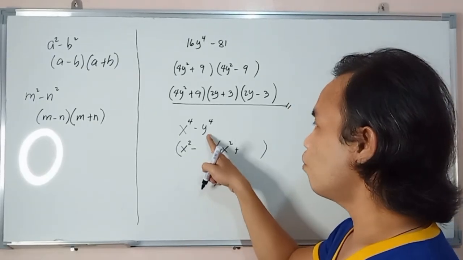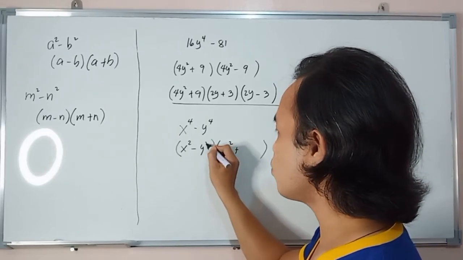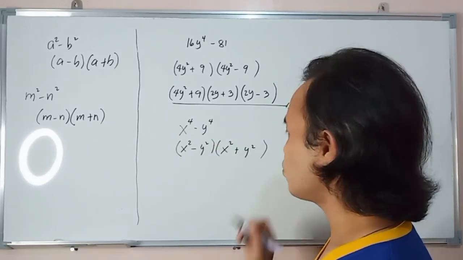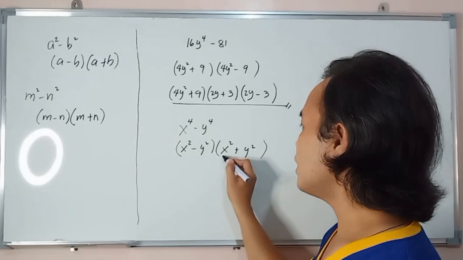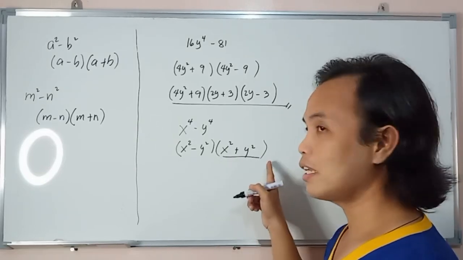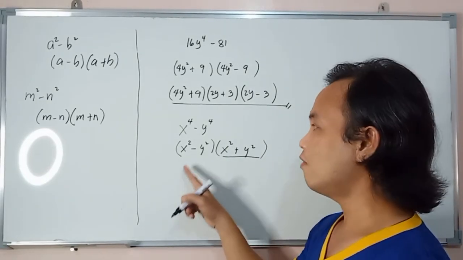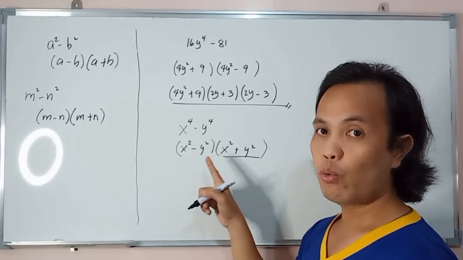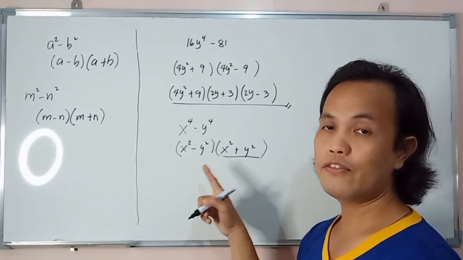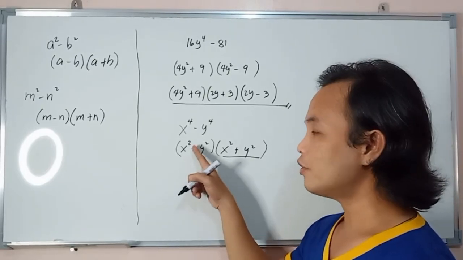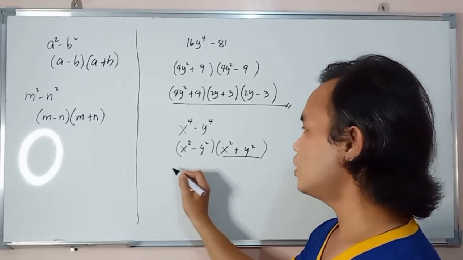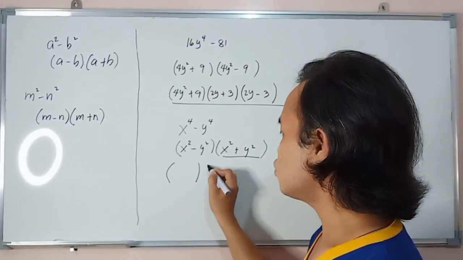The square root of y raised to 4 shall be y squared, and we also have y squared. So there is no problem with these binomials here because this is not factorable anymore. So we have x squared minus y squared, which is still considered a difference of 2 squared. So we can factor this out, x squared minus y squared, so we can have these two binomials.